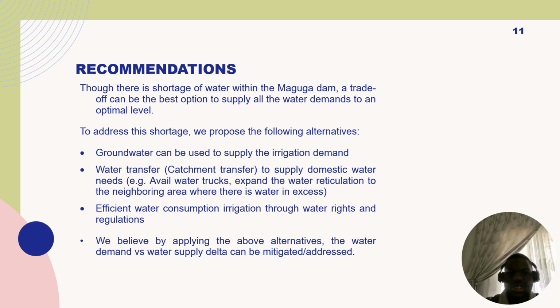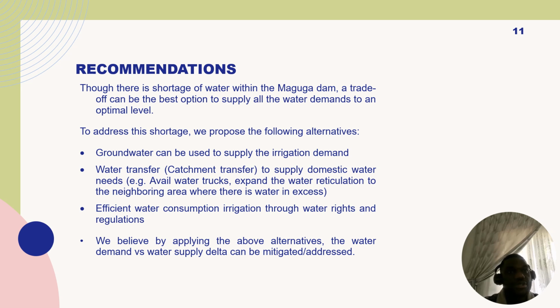Our recommendation is that though there is a shortage of water within the catchment, we can apply a trade-off approach so that some demand can be met by some sort of policy adjustment. To address that, we came up with a plan: what about groundwater being used to supply the irrigation demand and other demand like domestic as well?